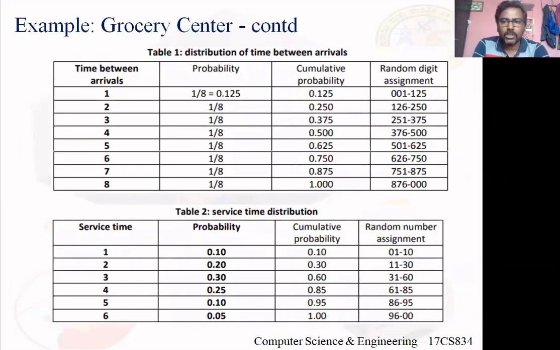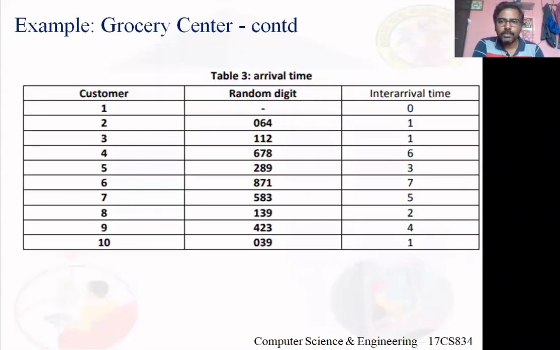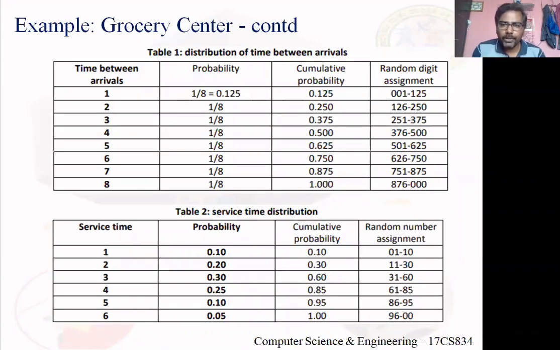So that represents inter-arrival time to be 1. So the inter-arrival time for the second customer is 1 minute. See here, I have written it in the table. 64 is in the range 1 to 125. It represents an inter-arrival time of 1 minute.